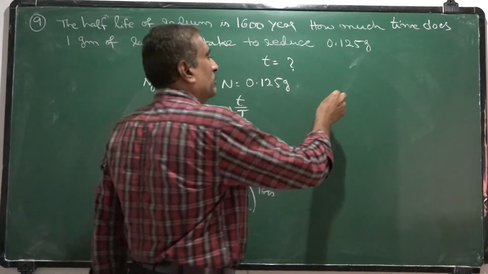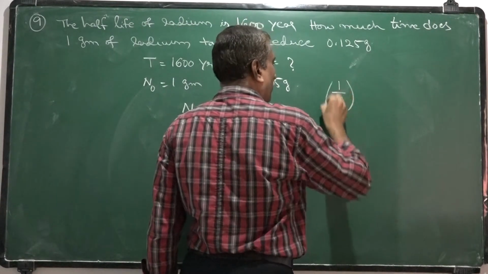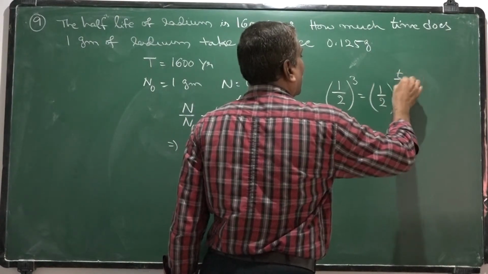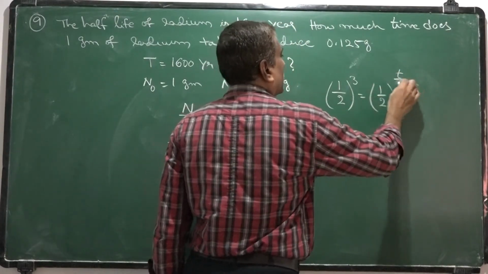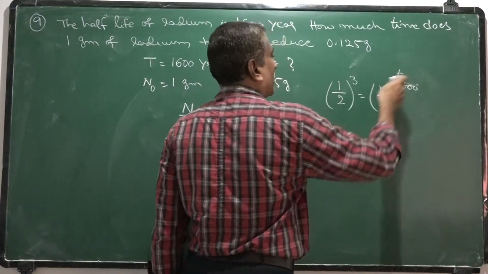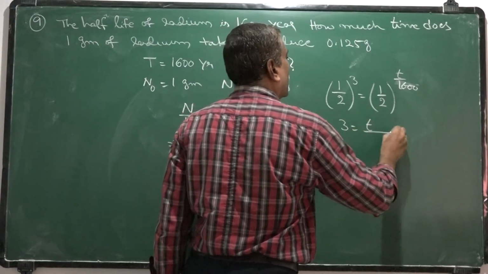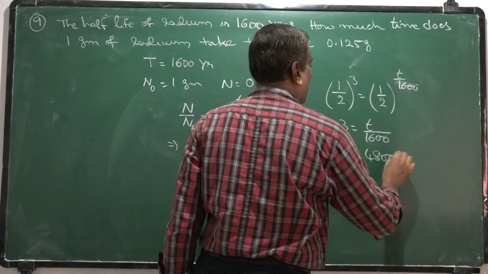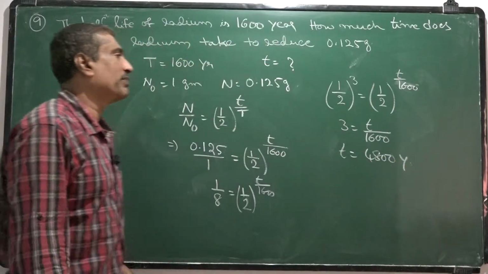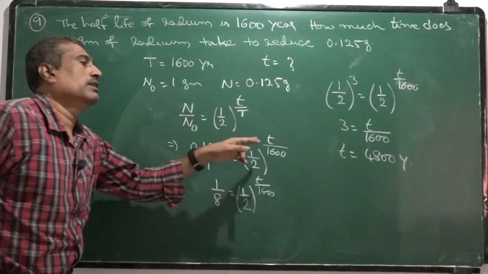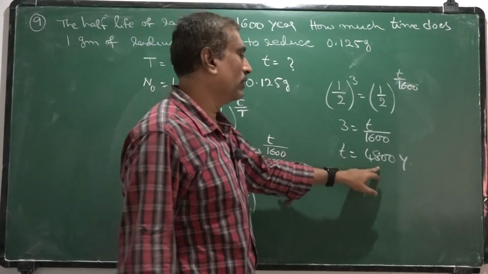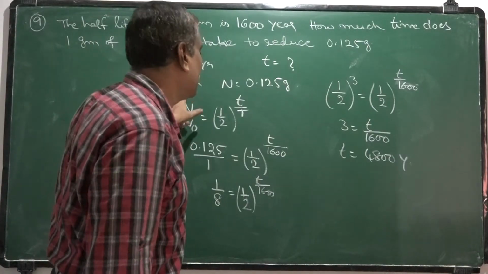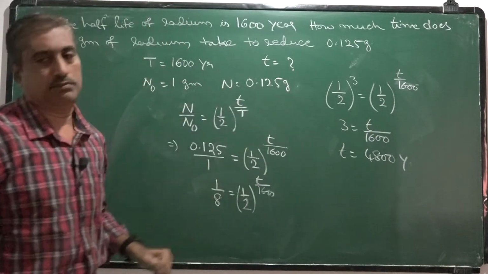So 1 by 8 can be written as 1 by 2 whole power 3, equal to 1 by 2 to the power t by 1600. So comparing this, 3 equal to t by 1600. So small t is 4800 years. That means radium will take 4800 years to decay from 1 gram to 0.125 gram.